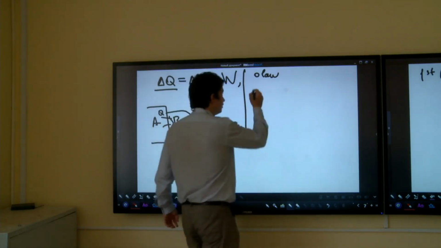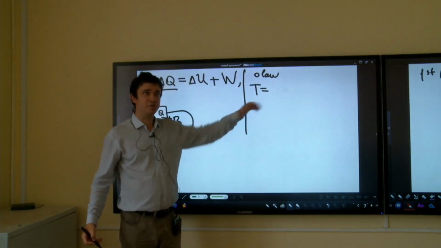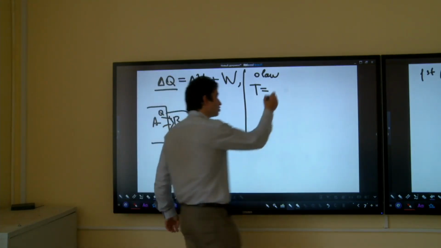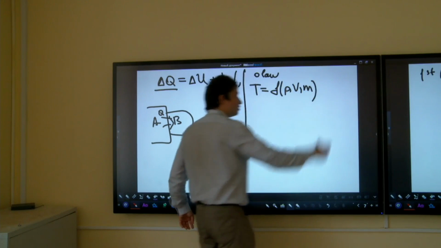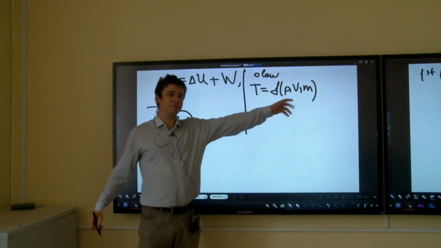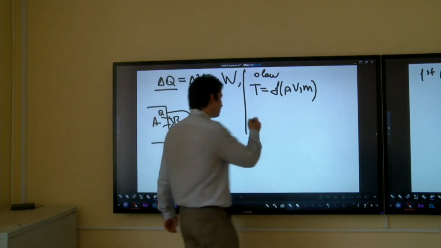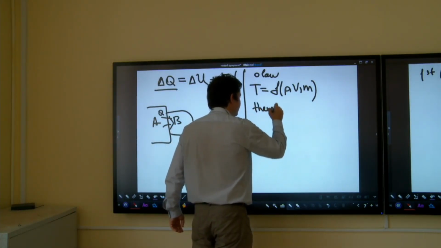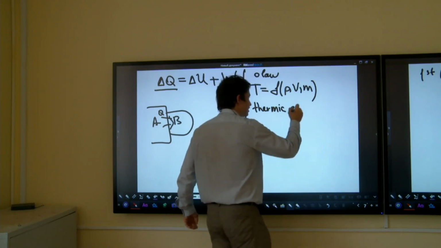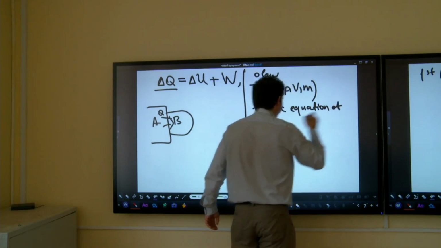So the equation which determines the temperature as a function of the parameters which fully describe the macroscopic state of the system is called the thermal equation of state.